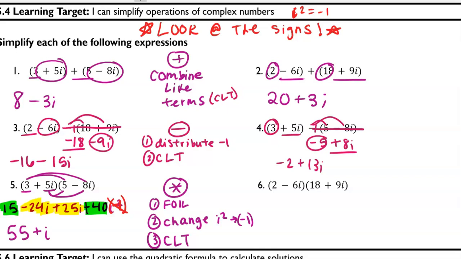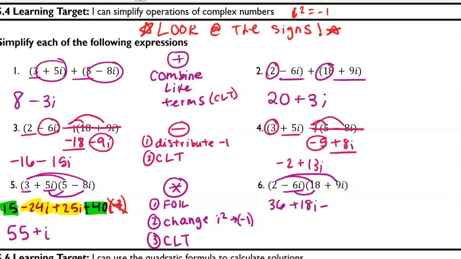Now for the last one, let's start with multiplying. FOIL, 2 times 18. 2 times 18 is 36. 2 times 9i. Well, 2 times 9 is 18, times the i is i, 18i. Then we have -6i times 18. And -6 times 18 is 108.